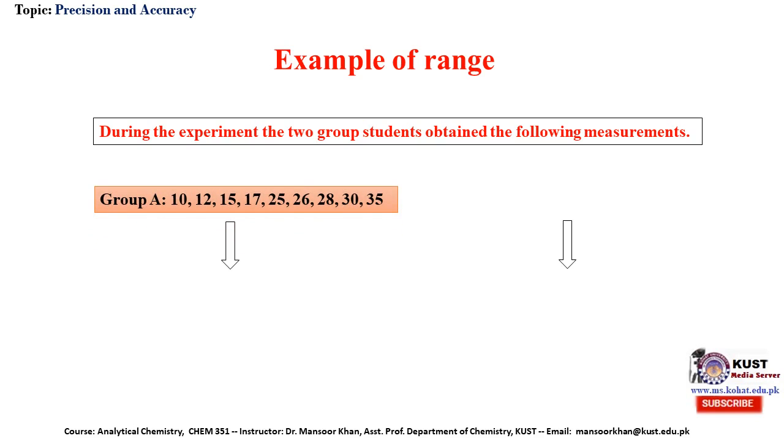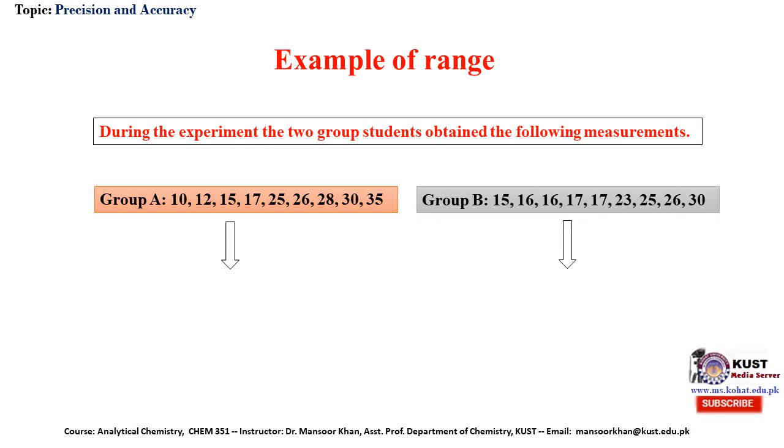Group A has measurements of 10, 12, 15, 17, 25, 26, 28, 30 and 35. The group B data consists of 15, 16, 16, 17, 17, 23, 25, 26 and 30.